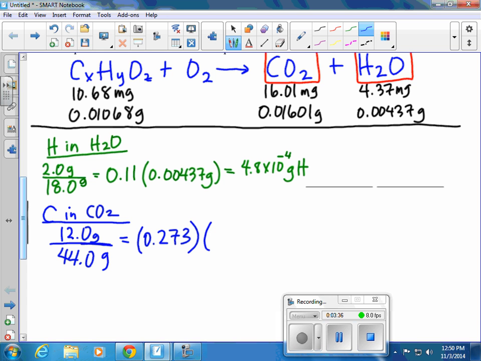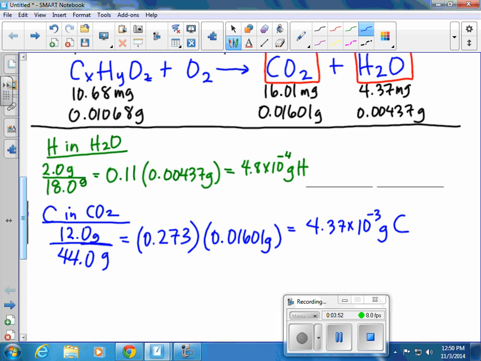Again, multiply by the mass of carbon dioxide that they said that we are able to produce, and that gives me 4.37 times 10 to the negative 3rd grams of carbon.